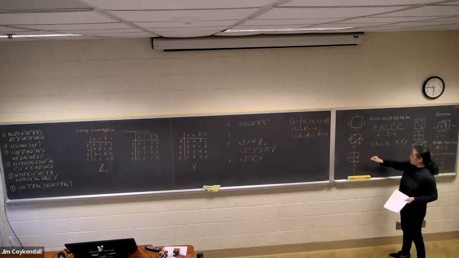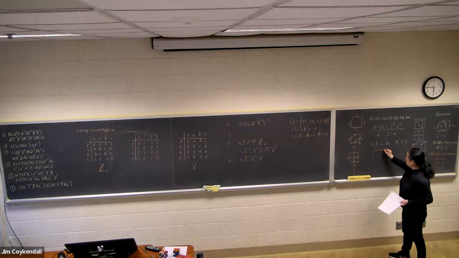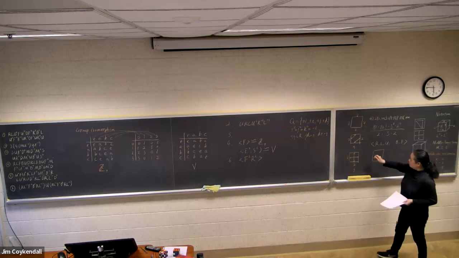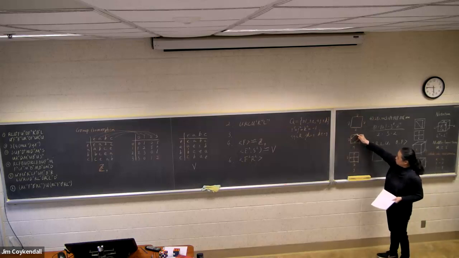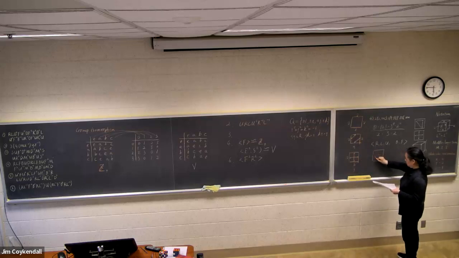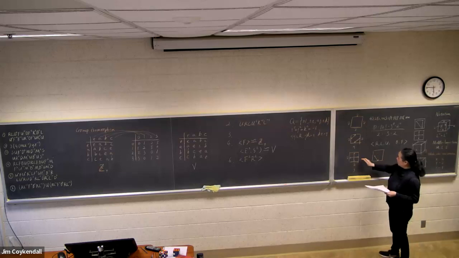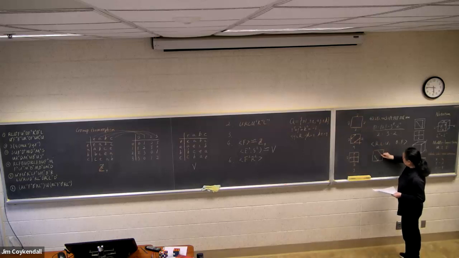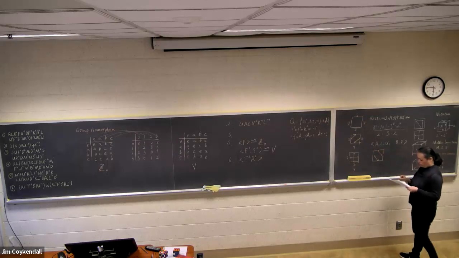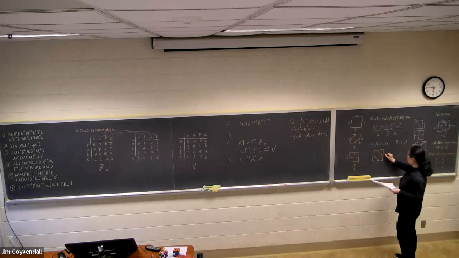K is IJ, right? K is IJ. So this edge goes here first and then it's brought here. So these two edges are swapped. And this one first goes here and then goes here. So it goes there, right? These two are swapped.